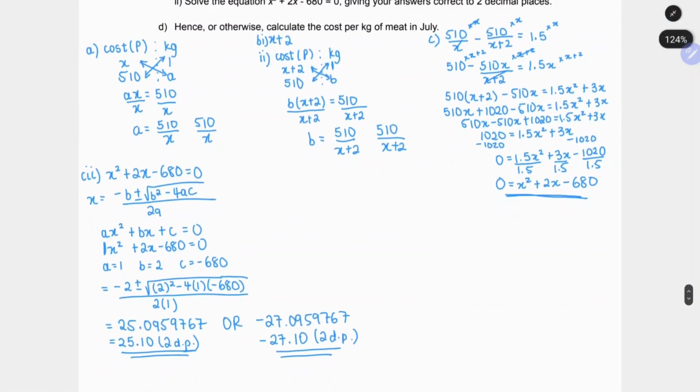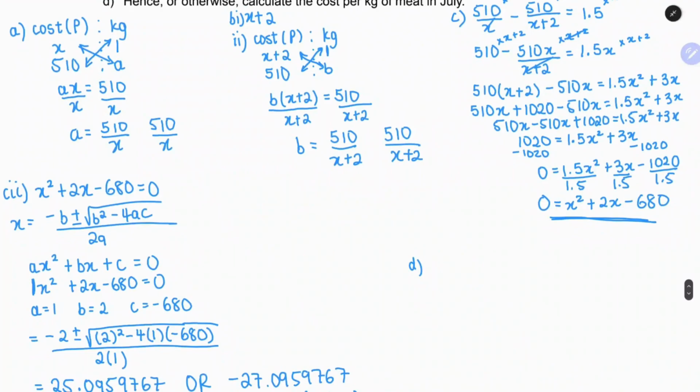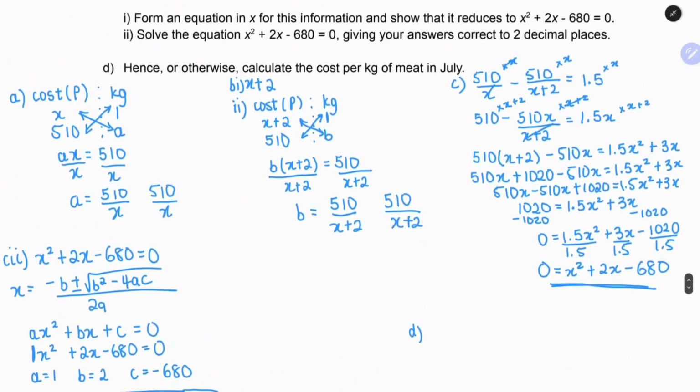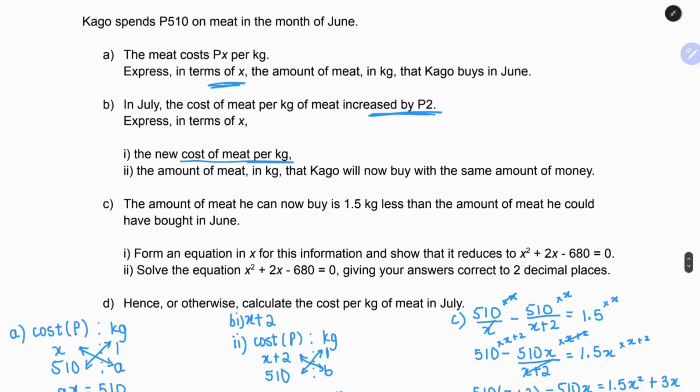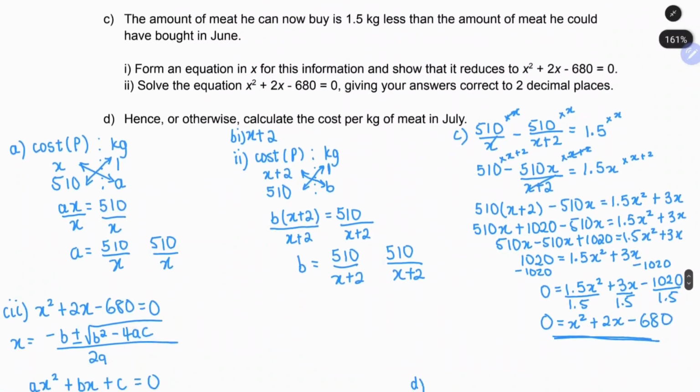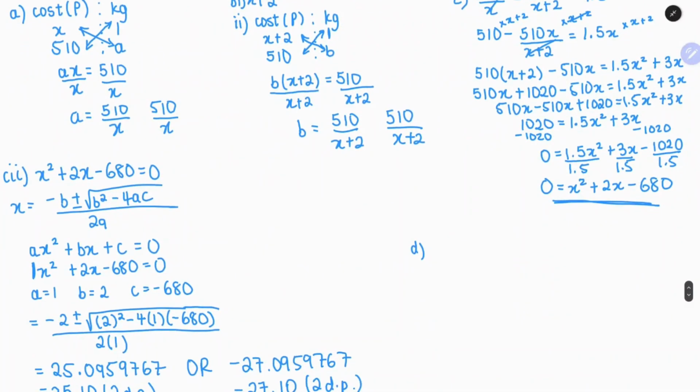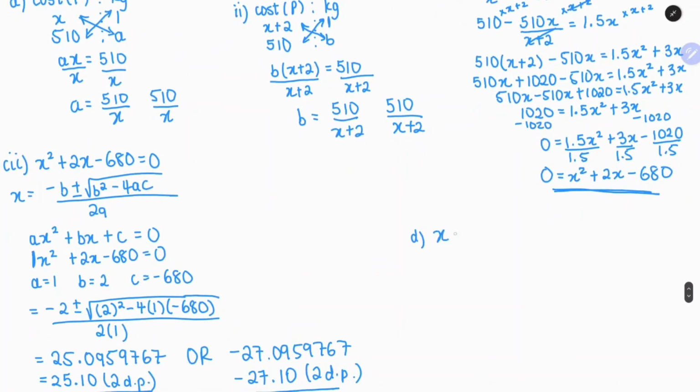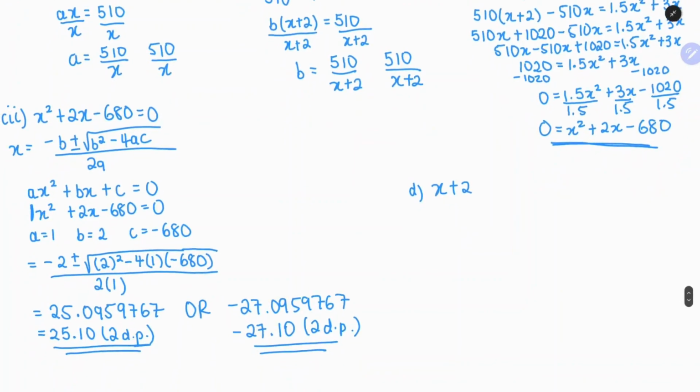And then lastly, D says, calculate the cost per kg of meat in July. And the cost of meat per kg was this B Roman numeral 1. So that's going to be x plus 2. So we're going to substitute 25.10, which is the positive value, because we don't have negative money.